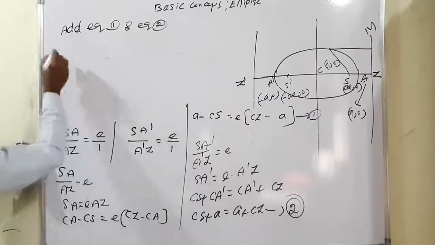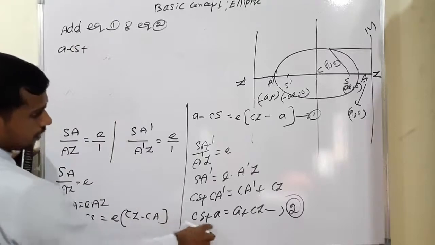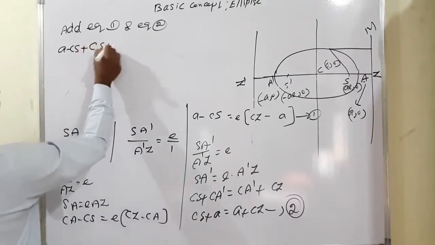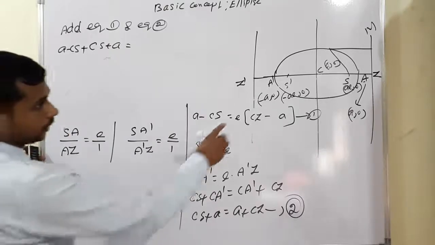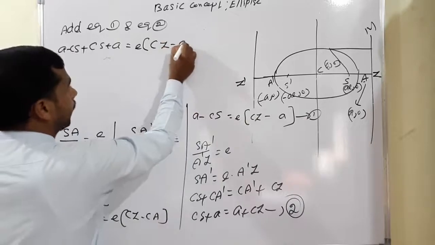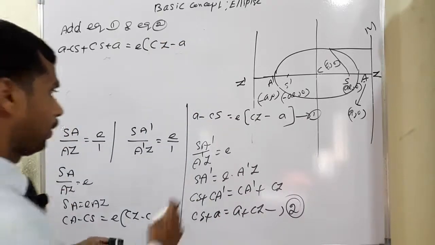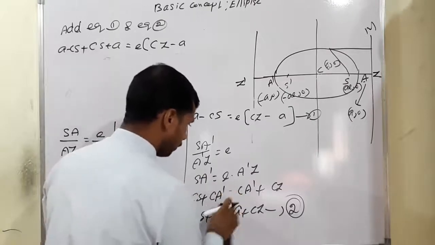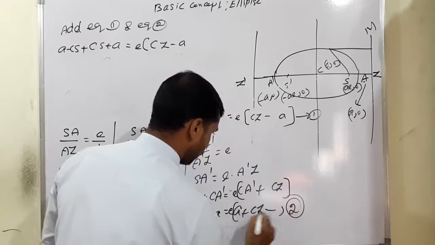Equation 1: a minus CS, plus CS plus a, is equal to, on the opposite side, e common, then CZ minus a there. Sorry my dear, this e will come now, is equal to e. Here also e will come.